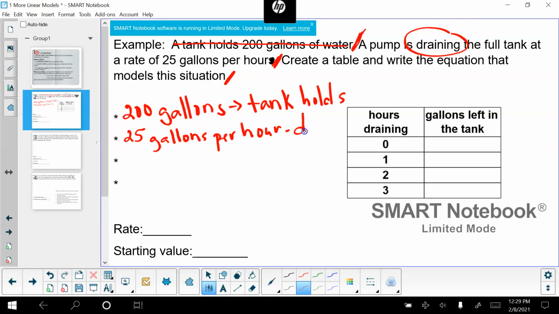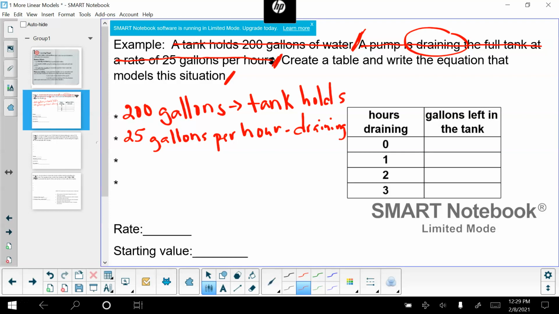Okay? That'll be important later. But it's always important if they give you directional words, words that indicate that something is increasing or decreasing, going up or down, that you also write them down as part of your label. And I'm going to mark through that.